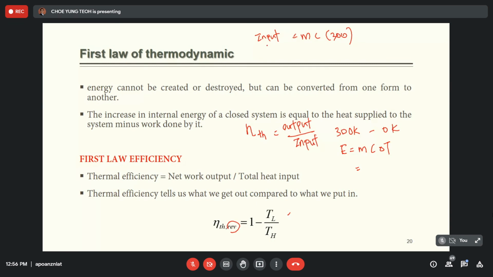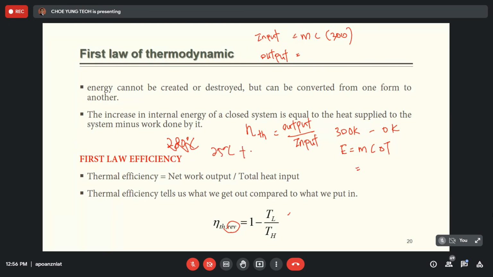And what is my output? If reversible, it means I try to calculate the maximum possible output. Of course I cannot drop to 0, but I can drop down to the surrounding temperature. Let's say the surrounding temperature is 25 degrees Celsius.